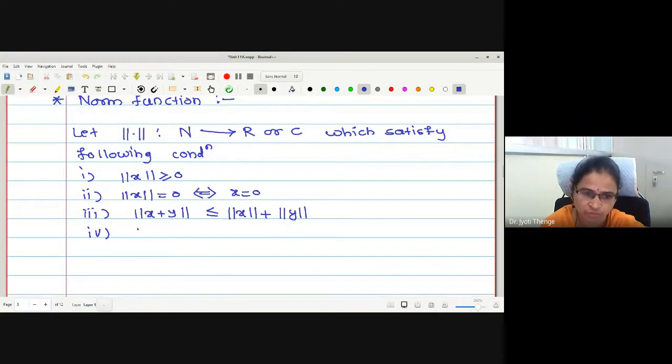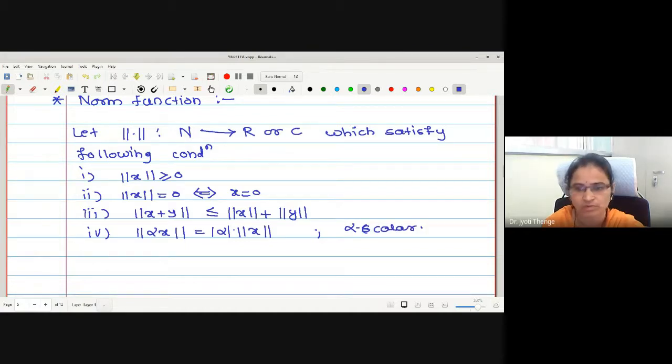And condition number 4 is norm of alpha x equals modulus of alpha times norm of x, where alpha is a scalar. Then this function is called a norm.